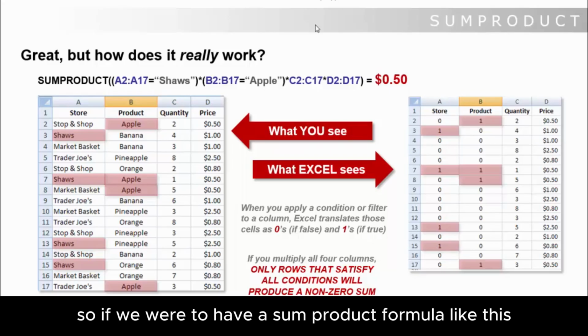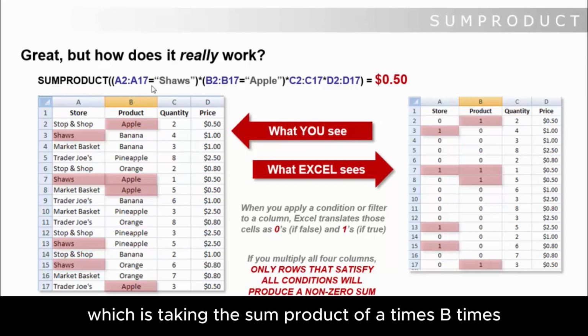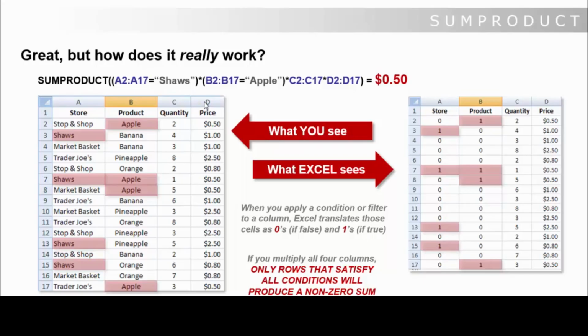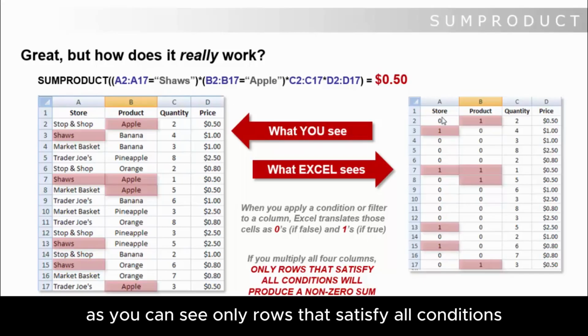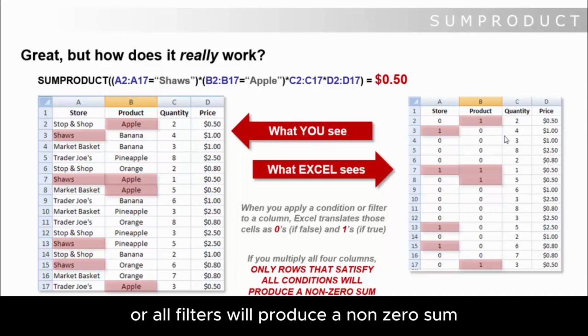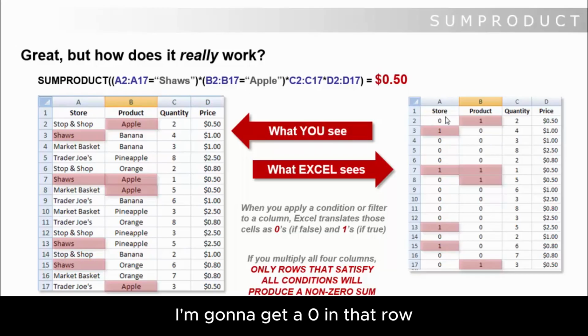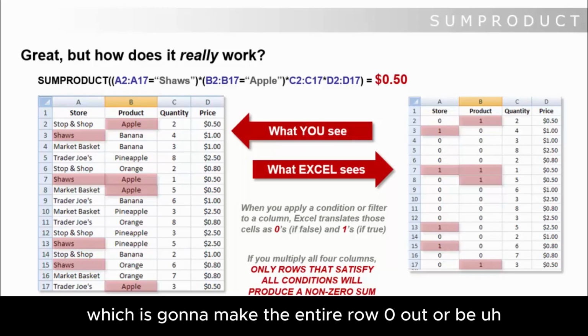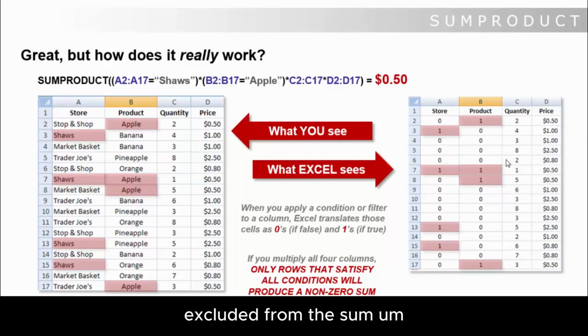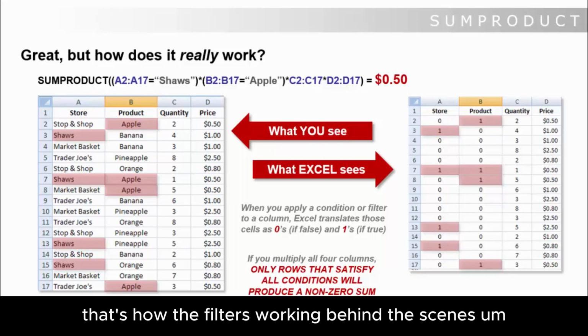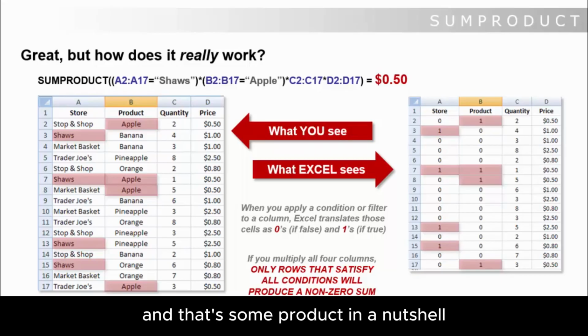So if we were to have a sum product formula like this, which is taking the sum product of A times B times C times D, as you can see, only rows that satisfy all conditions or all filters will produce a non-zero sum, because as soon as one of my filters fails, I'm going to get a 0 in that row, which is going to make the entire row zero out or be excluded from the sum. So basically that's how the filter's working behind the scenes. And that's sum product in a nutshell.